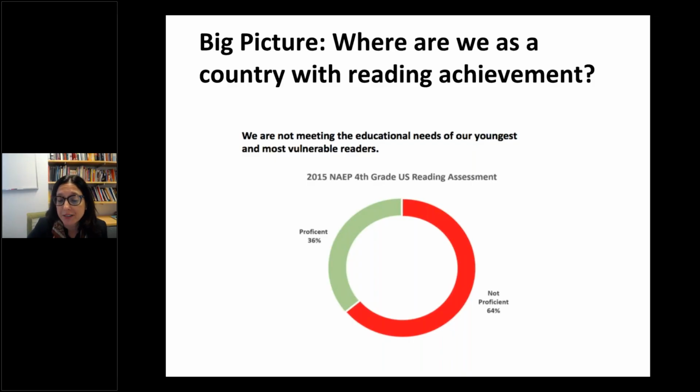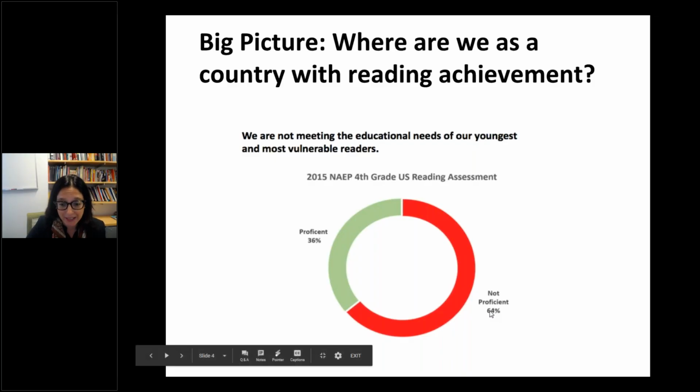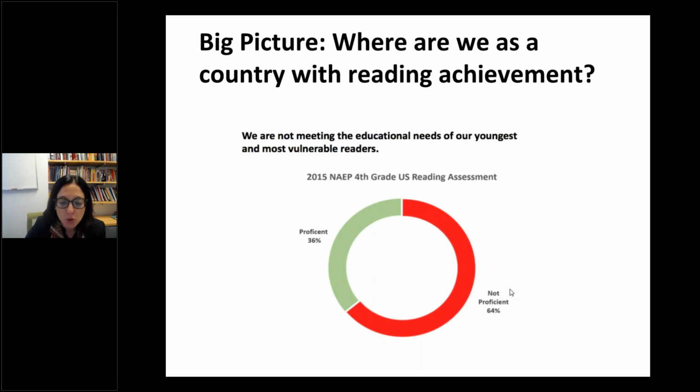If you look at the 2015 National Assessment of Educational Progress records on fourth grade reading, we had 64% of kids not proficient. I'll say that again because it always boggles my mind that we live in the healthiest and wealthiest country and we still have 64% of fourth graders, more than half, not reading at grade level by the time they're 9, compared with 36% who are proficient.